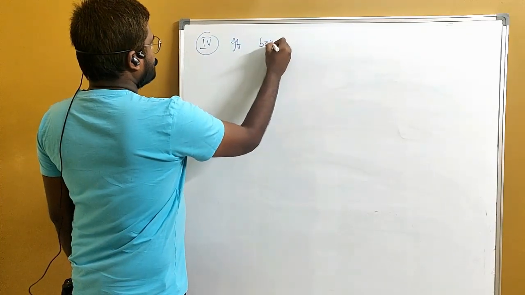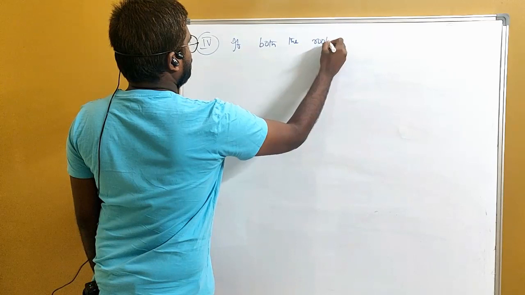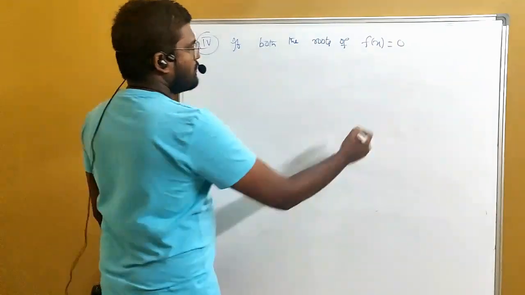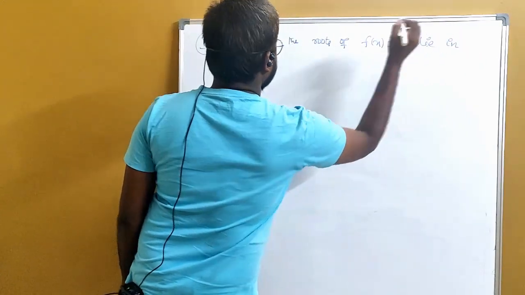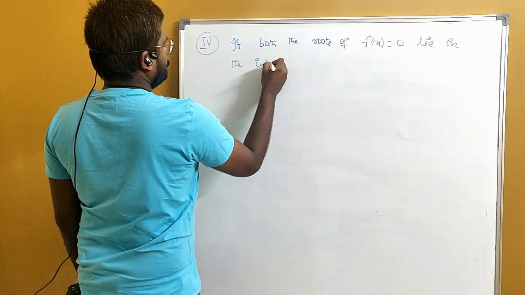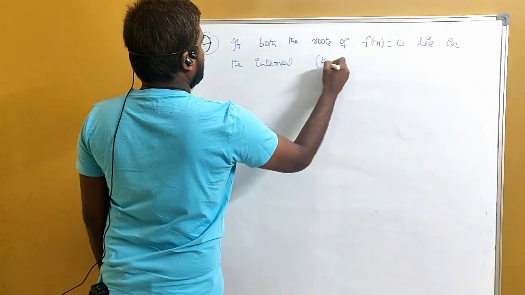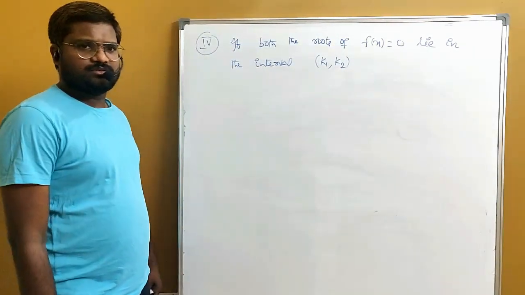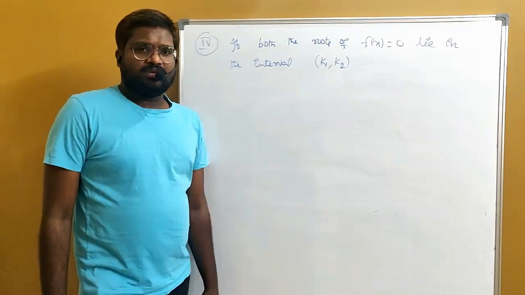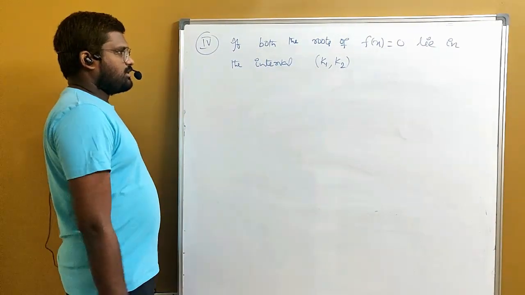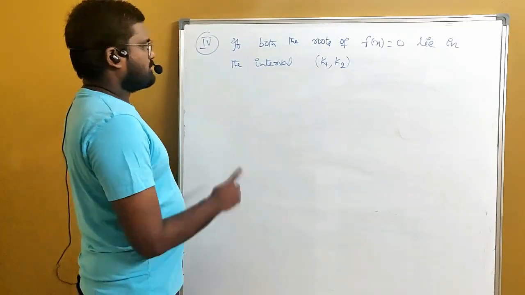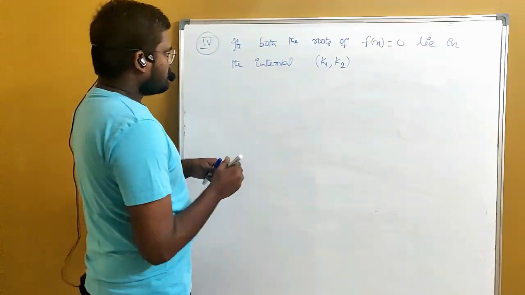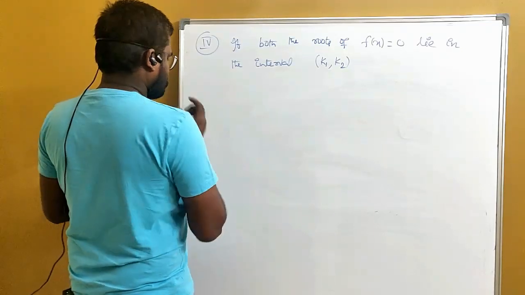If both the roots of f of x equals to 0 lie in the interval k1 comma k2. In the previous case, exactly one root of f of x equals to 0 lay in the interval k1 comma k2. Now here, both the roots of f of x equals to 0 lie in the interval k1 comma k2. Now again, we'll draw the diagram and it will be easy.